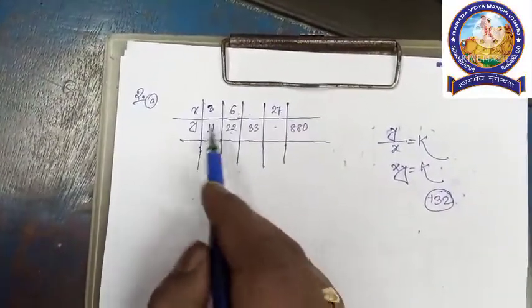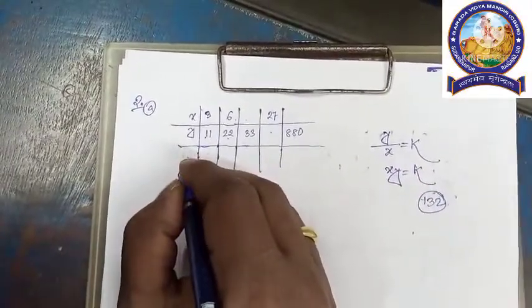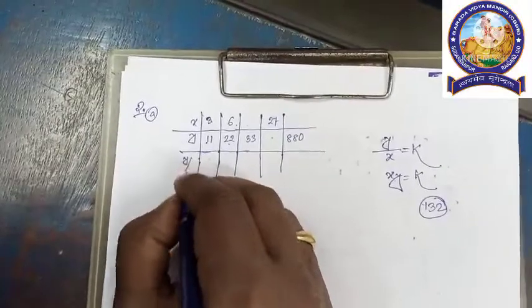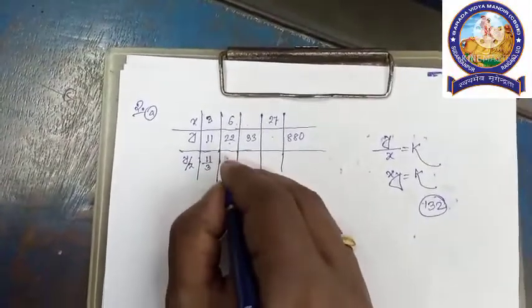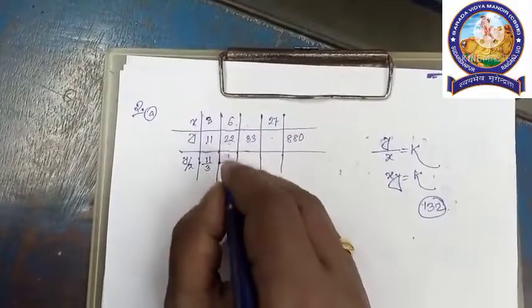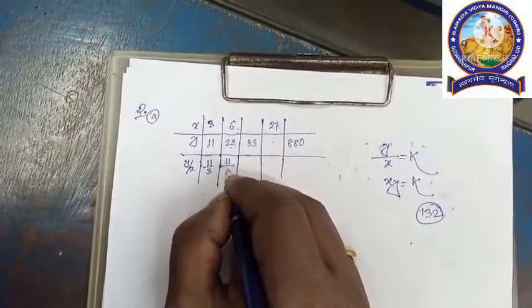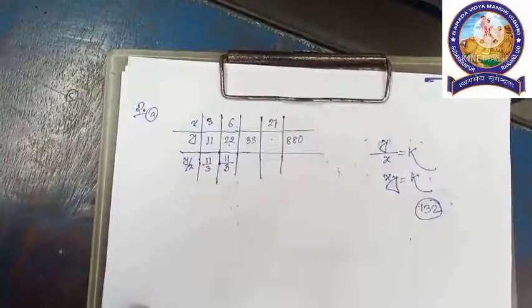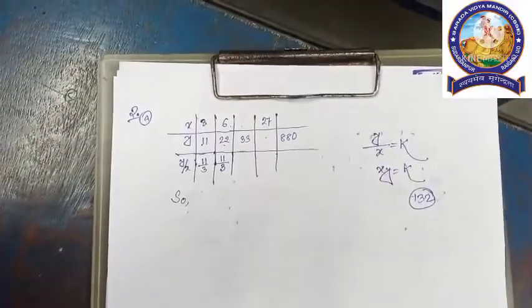So we find the ratio of these two. If we find x by y or y by x, there is no problem. y by x equals 11 by 3. Here also 11 by 3, because 22 by 6 will cut by 2, so it becomes 11 by 3. So it is a case of direct variation.